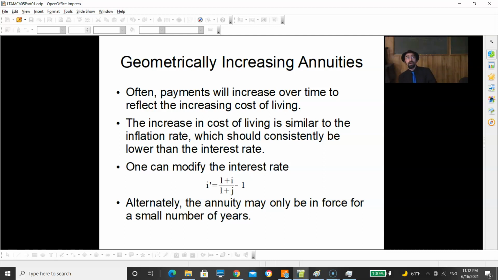If you remember from back in exam FM, when you had both interest and inflation, your face value is multiplying by 1 plus j, if j is the inflation rate, but the interest rate means you have to divide by 1 plus i, that means that the real value multiplies by 1 plus j over 1 plus i.